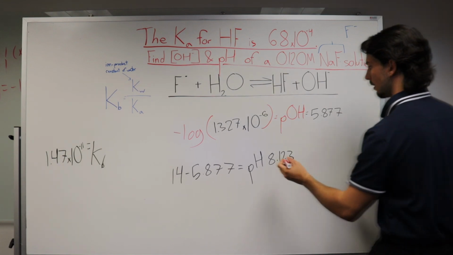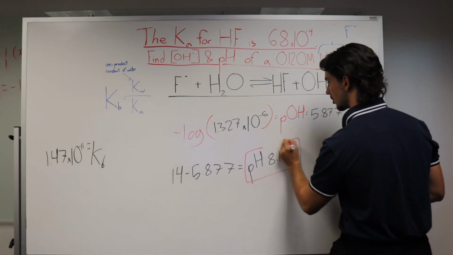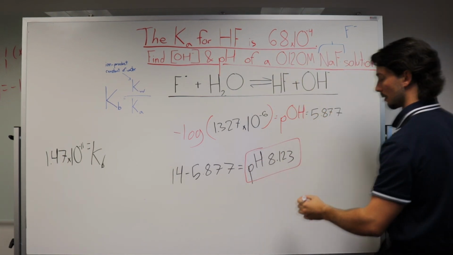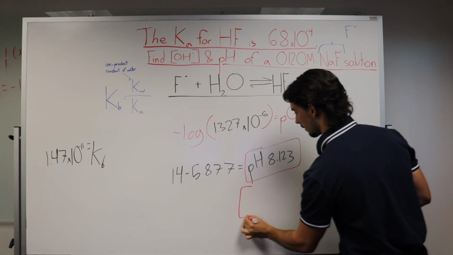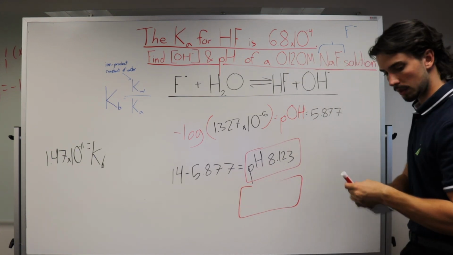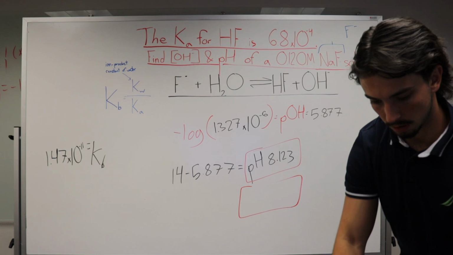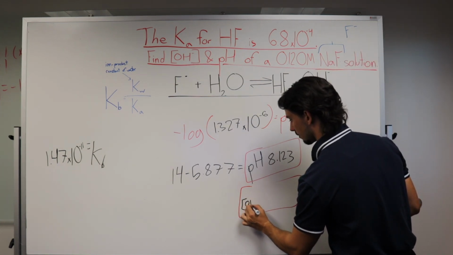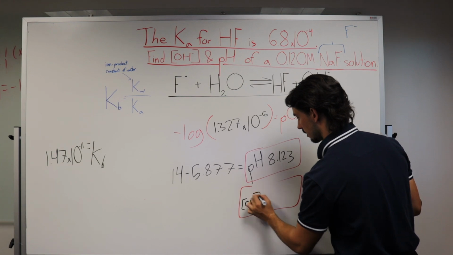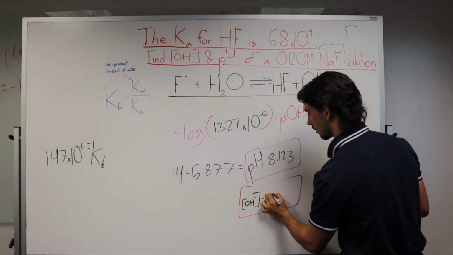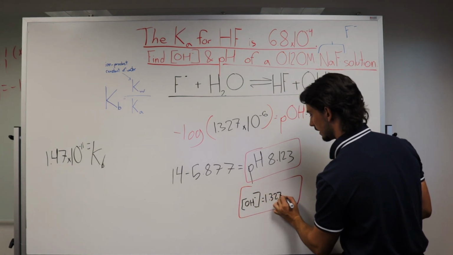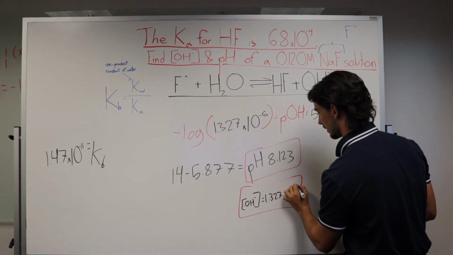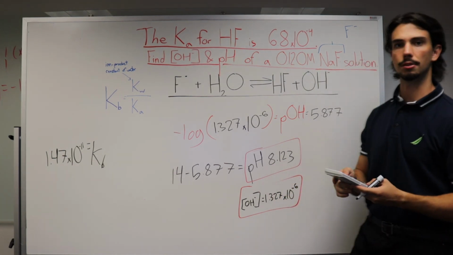And there we have our pH, and also we were looking for the concentration of hydroxide, which we can write out. Concentration of hydroxide ions is equal to 1.327 times 10 to the negative 6. Those are our two answers.